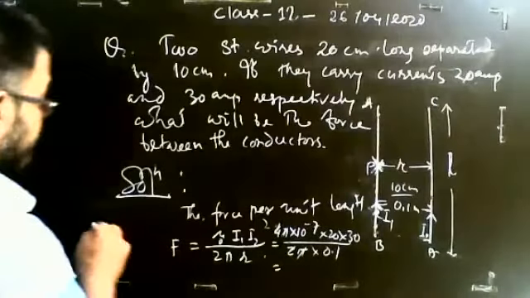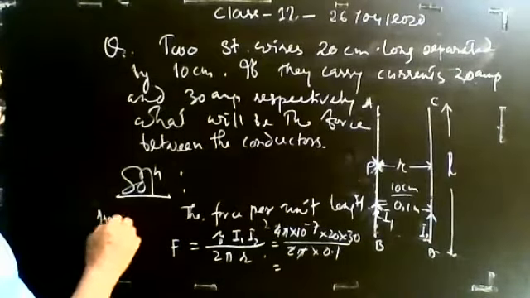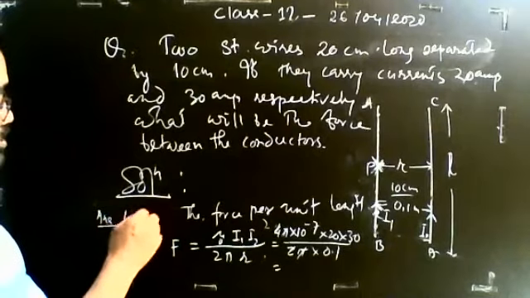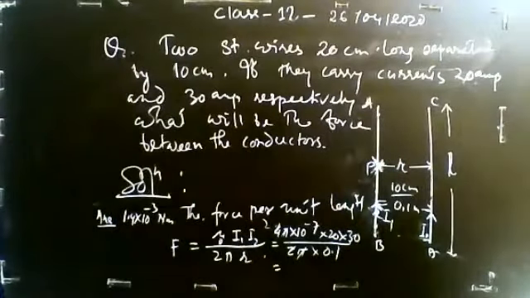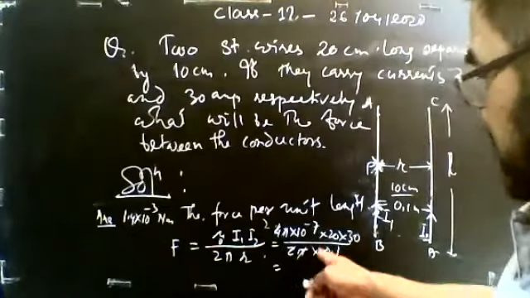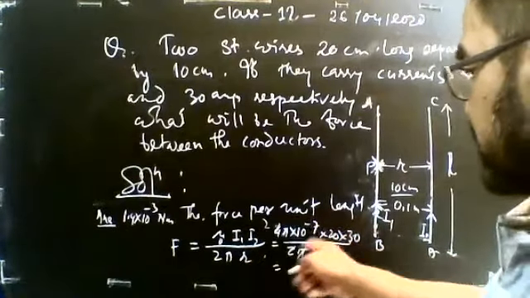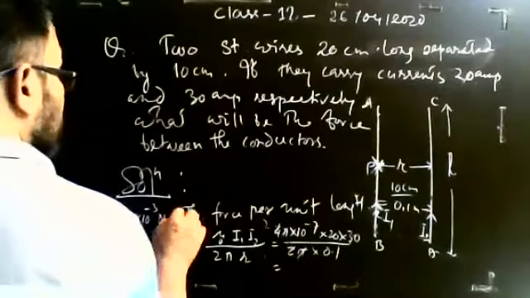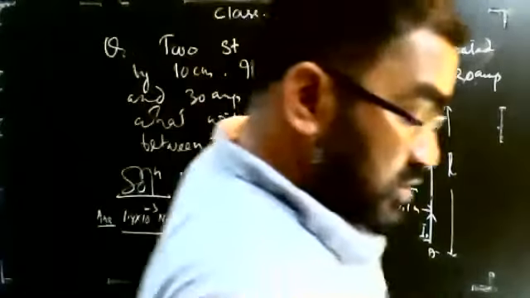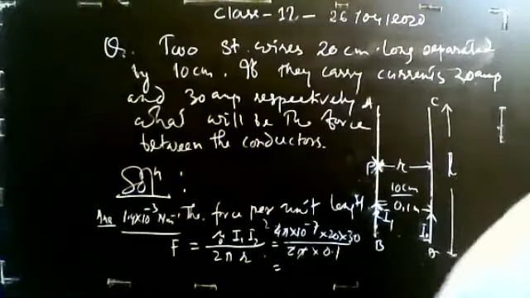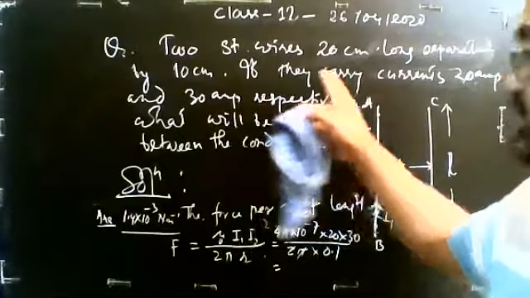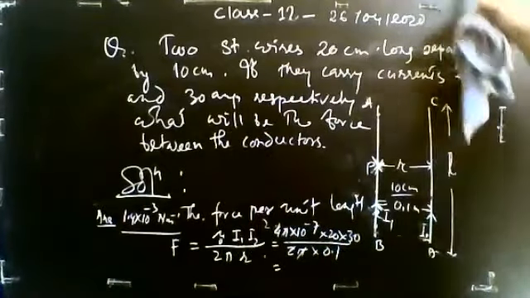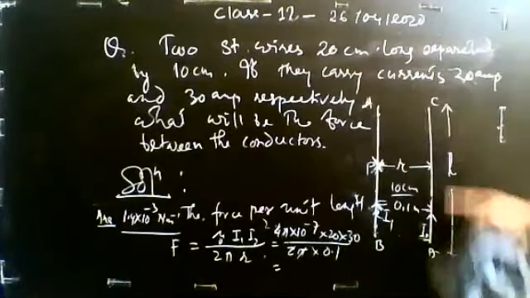The answer will be 1.2 into 10⁻³ Newton per meter, since we are calculating force per unit length. So if you want to find the net force, then you will have to multiply it by 0.2, because the length is given as 20 centimeter, the length of the wire.